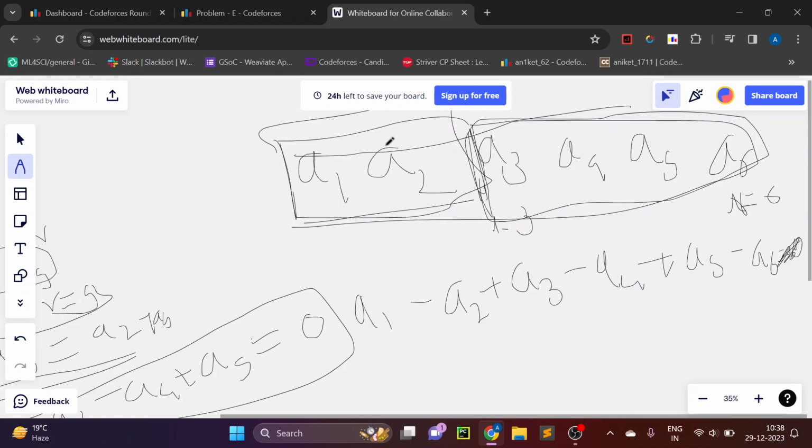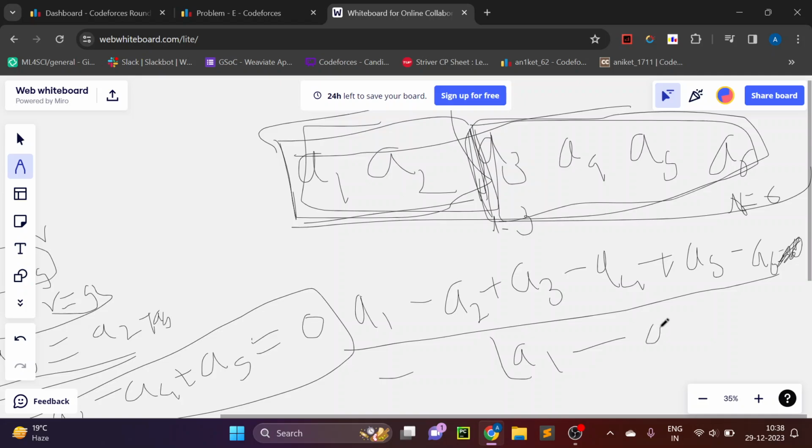Now after adding this total, I have to subtract this one, so I subtract A1 minus A2, and this should be equal to 0. So the upper first equation represents the total sum, the second equation represents this sum, and this sum should be equal to 0.